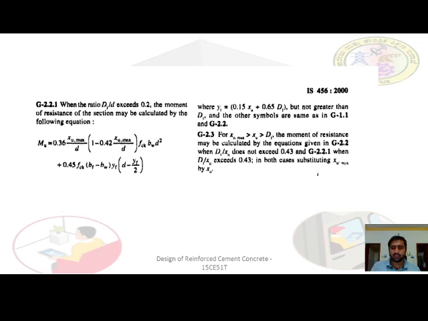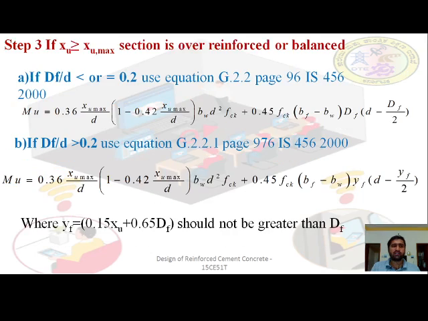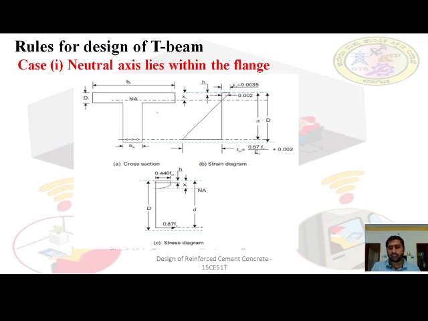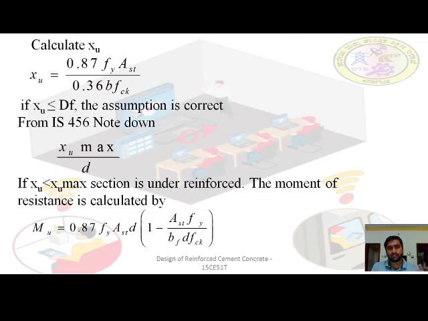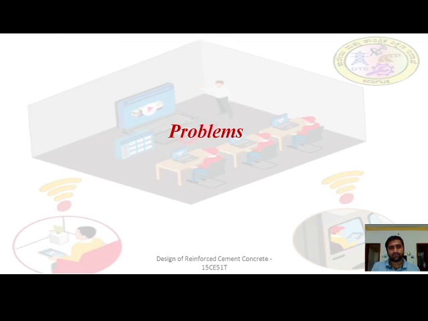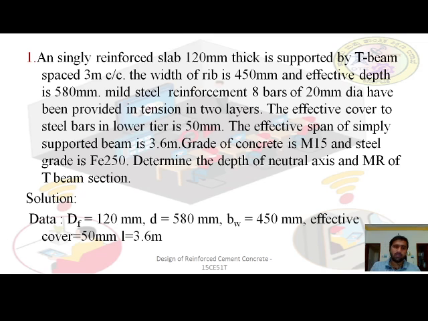So these are the theory part, how to calculate this, the rules for designing the T-beam, and we have gone through the steps. Now we'll look at a single problem. The problem is: a singly reinforced slab 120 mm thick is supported by T-beams spaced 3 meters center to center.